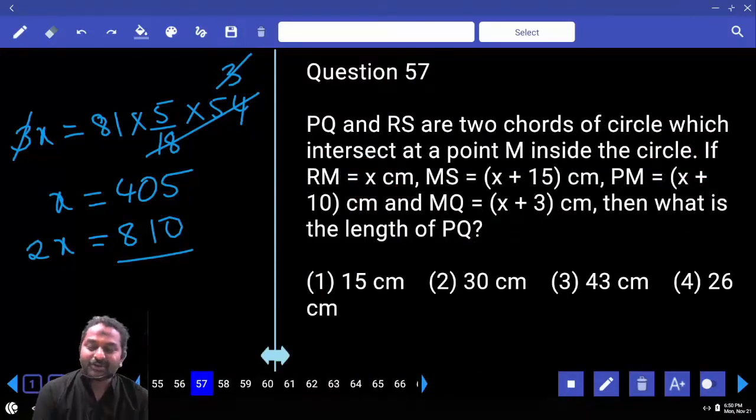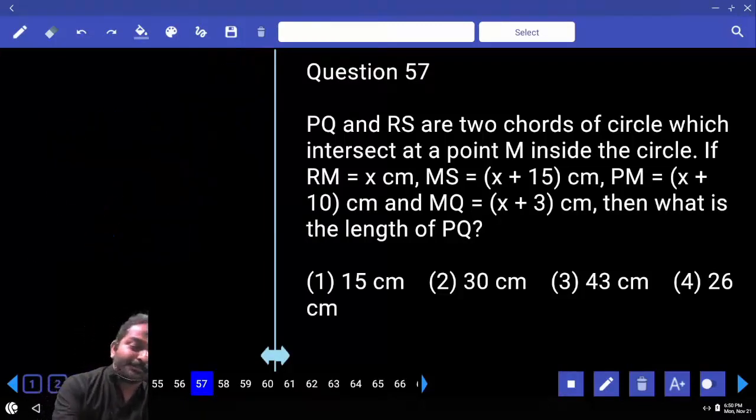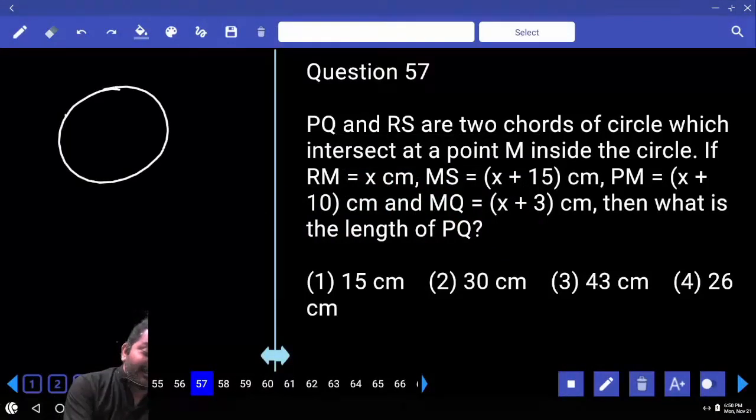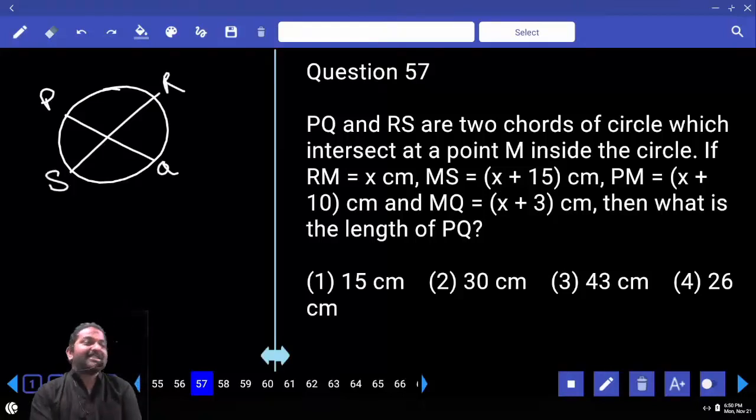PQRS are two chords of a circle which intersect at a point M inside the circle. If RM, MS, PM, MQ are given, find the value of PQ. Right. Chords of a circle. We have a circle and two chords P, Q, R, S. They intersect inside the circle.